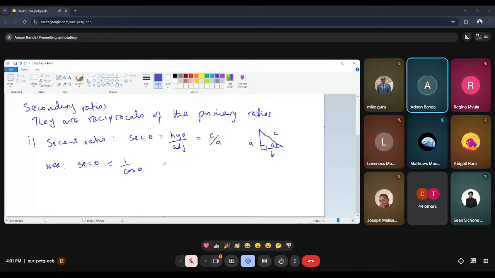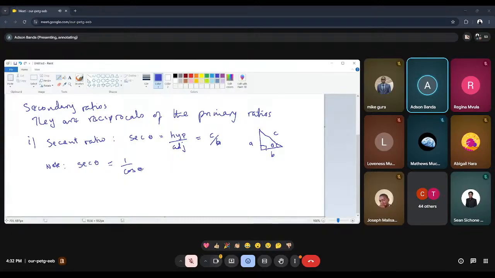Right, so sec theta is just 1 over the cosine of theta.